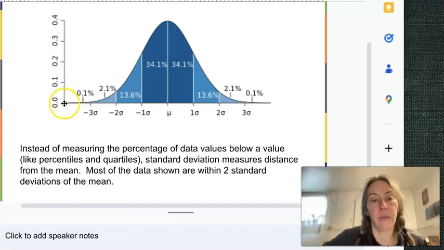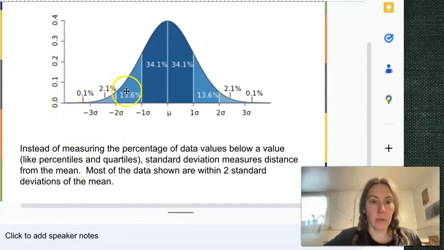Once you get here, almost nobody else is lower than that. So this just shows you that concept that if we have a normally distributed population, most people are in the middle, very few people are at the extremes.